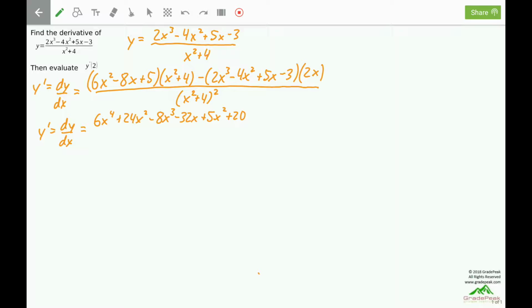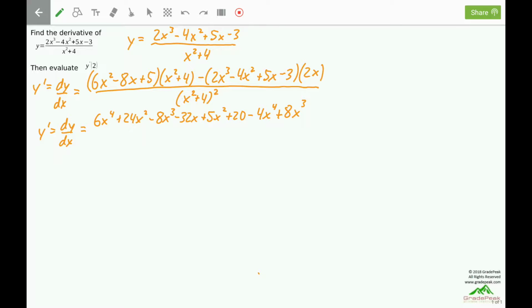This other expression, we have a 2x and a negative that needs to distribute into each of those terms. So we're going to multiply by a negative 2x. Negative 2x times a 2x cubed will be a negative 4x to the 4th. A negative 2x times a negative 4x squared will be a positive 8x to the 3.